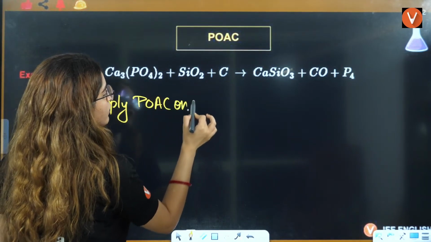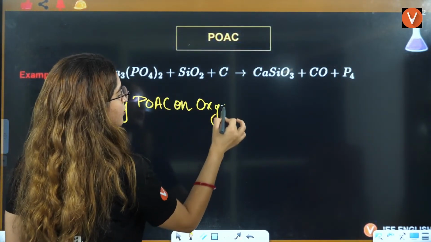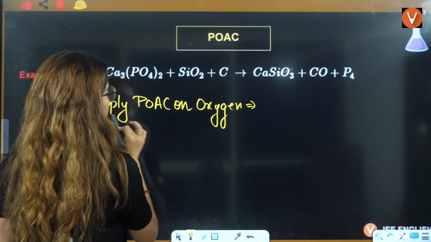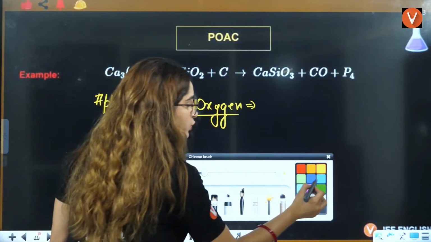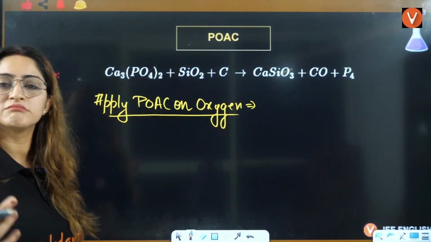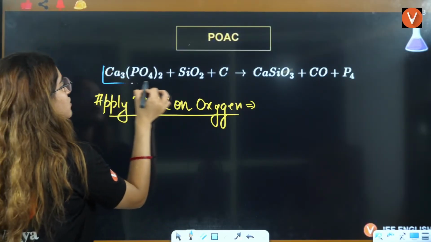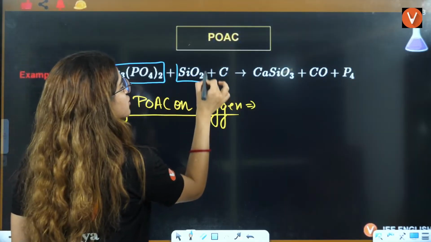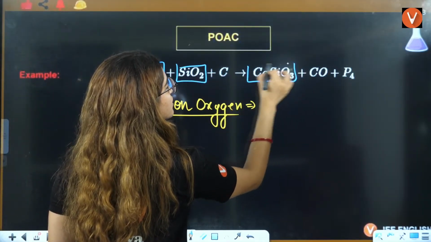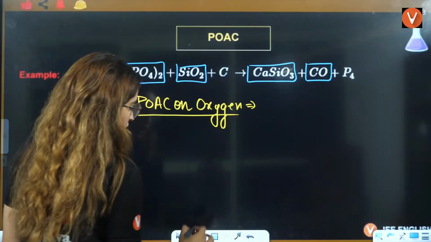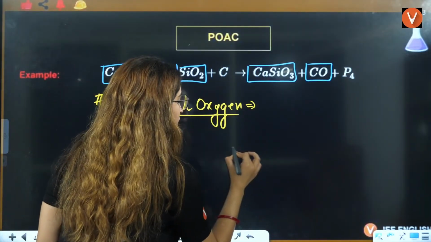Now let's apply POAC on the oxygen atom. How are you going to apply this? Firstly, let us see how many compounds have oxygen. This has oxygen, this has oxygen, this has oxygen, this has oxygen. Now see this very carefully.